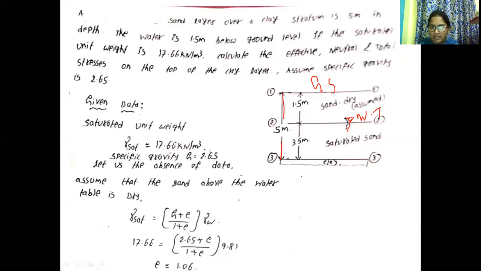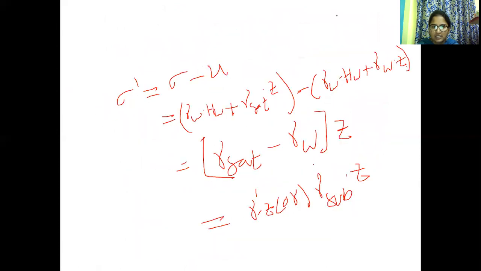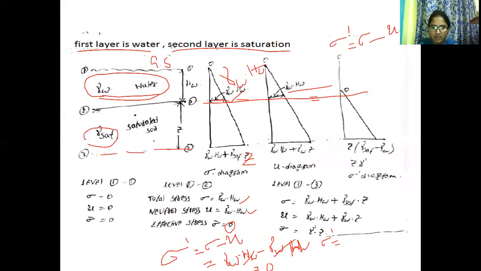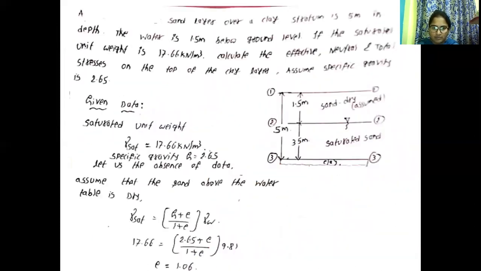My assumption is that the first layer is gamma D and the second layer is gamma saturation. So the condition is condition 1. We have already learned how to write these formulas and how to draw these pressure distribution diagrams, so keep that in mind and then solve the problem.